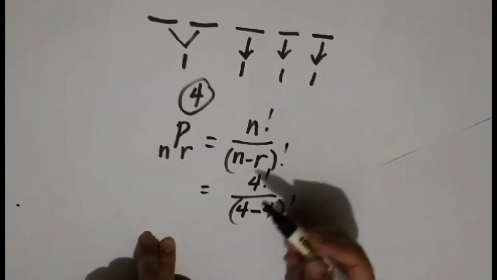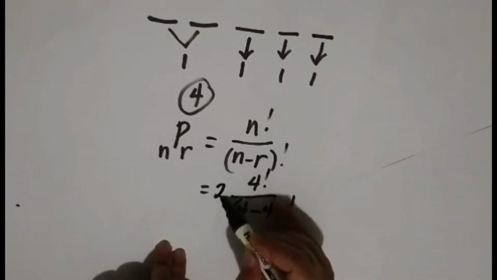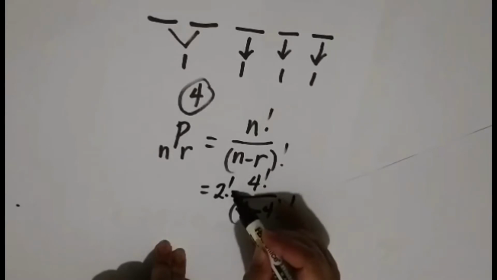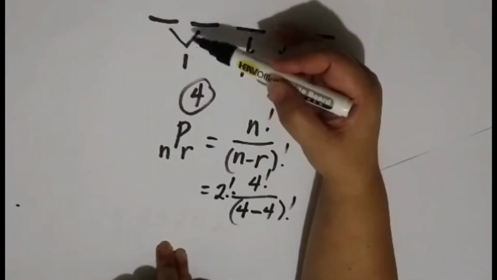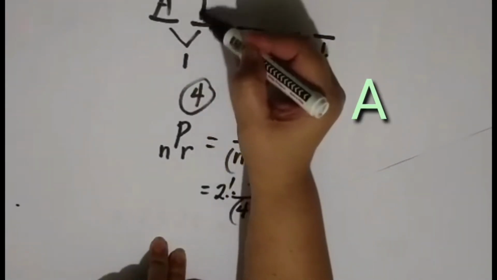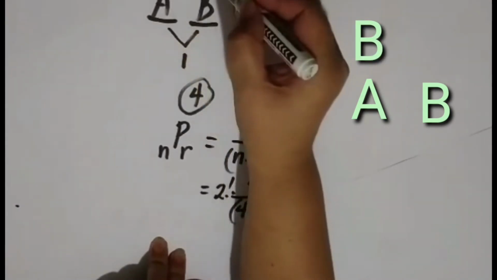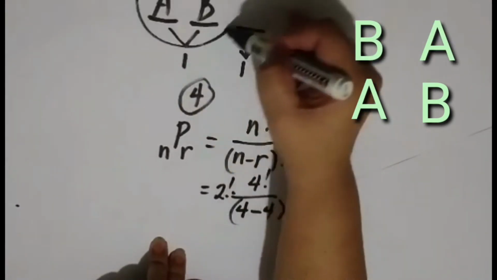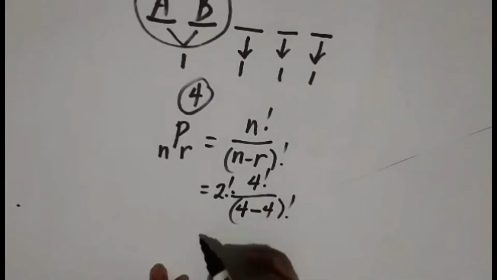But this does not stop here. We have to multiply this by 2 factorial because these 2 people here who insist on sitting next to each other can still switch. Like if this is A and this is B, the same if we put B here and then followed by A, still they are seated next to each other. Okay, so to continue, we have to simplify.